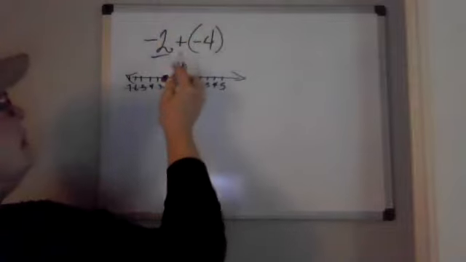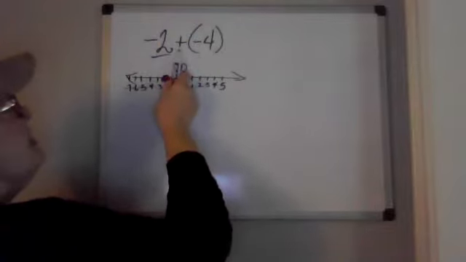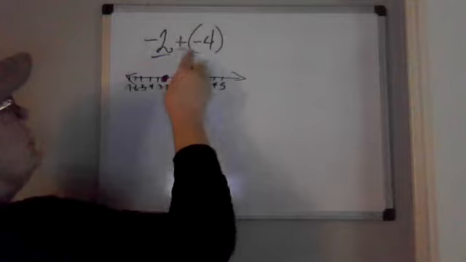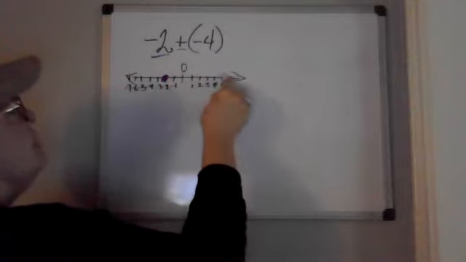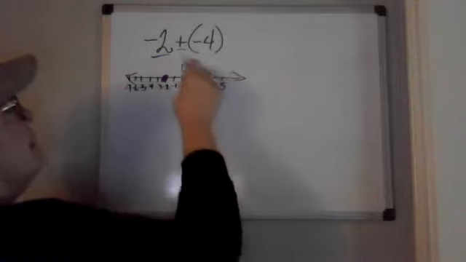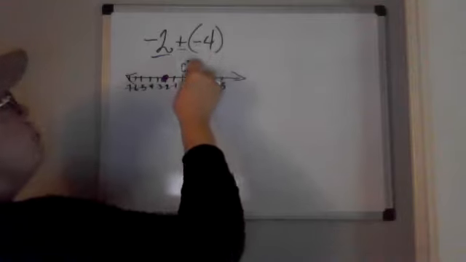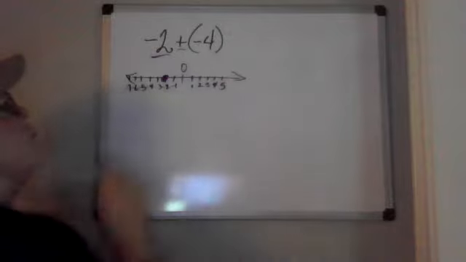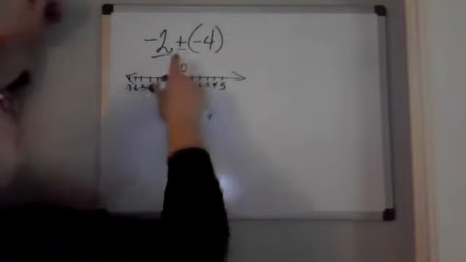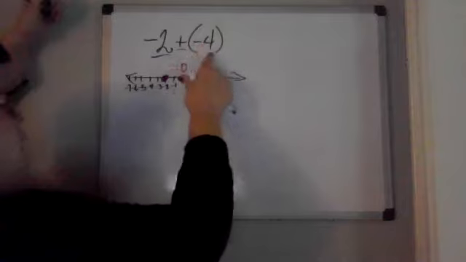Now be careful. This tells you that we're going to move in a positive direction, yes? But then you hit this sign, which turns you back around and tells you to go in a left direction. You have to follow each sign.